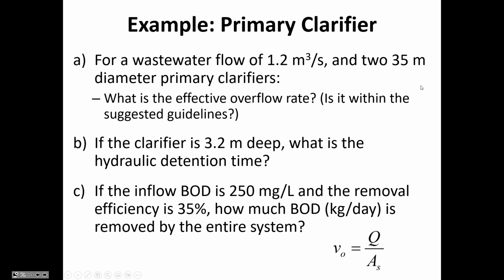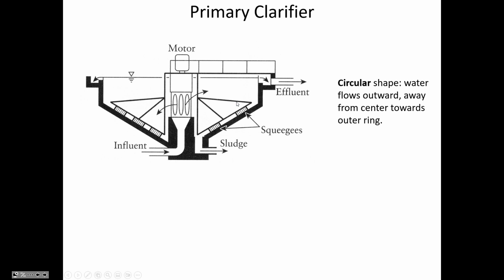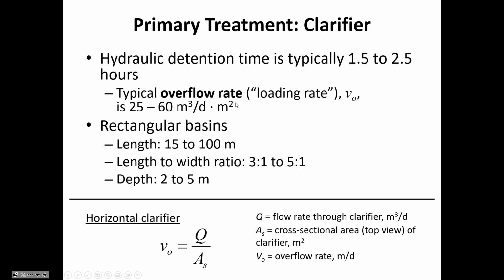So we've got two of them, and each are 35 meters in diameter. So first we need to calculate what's the effective overflow rate, and the suggested guidelines say that overflow rates are typically between 25 and 60 cubic meters per day per square meter.